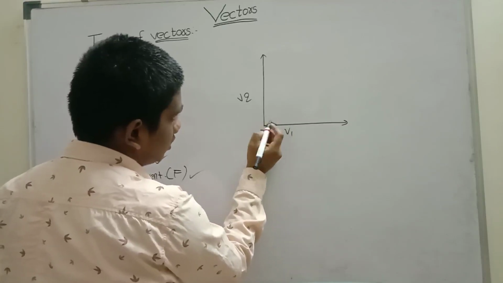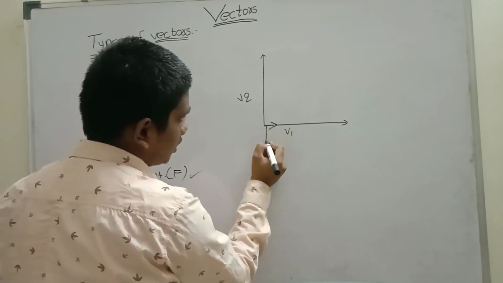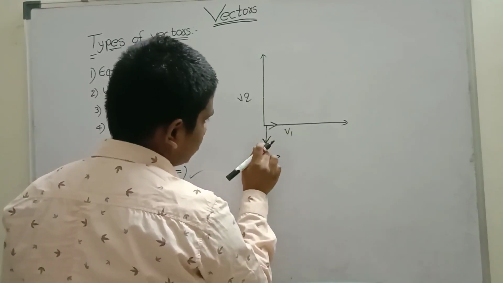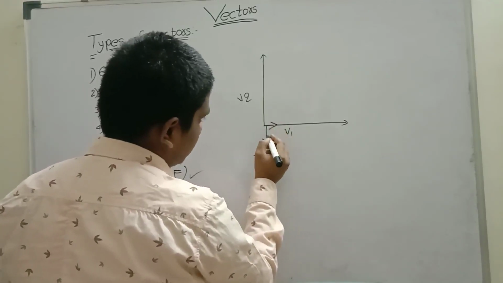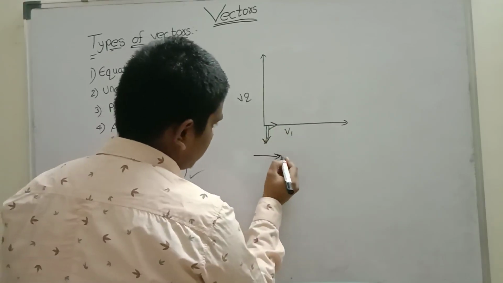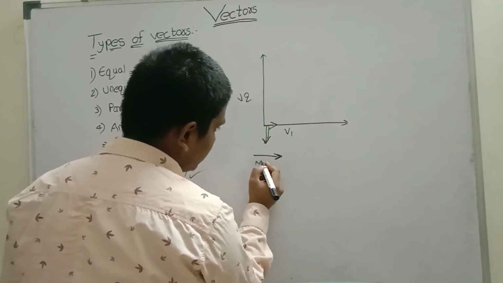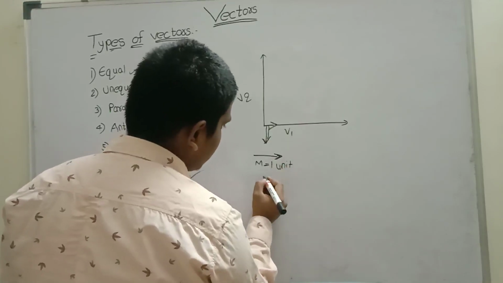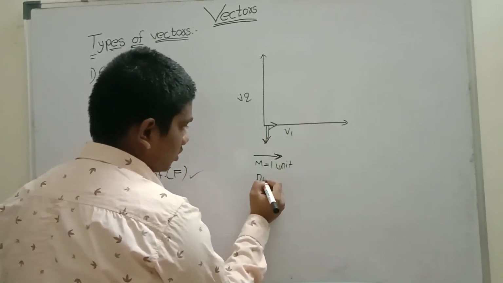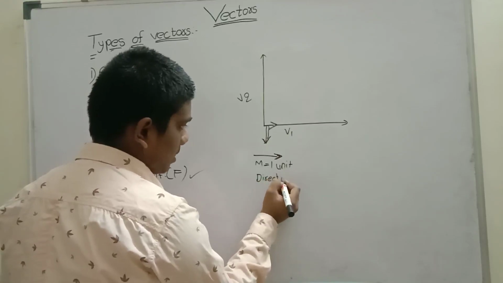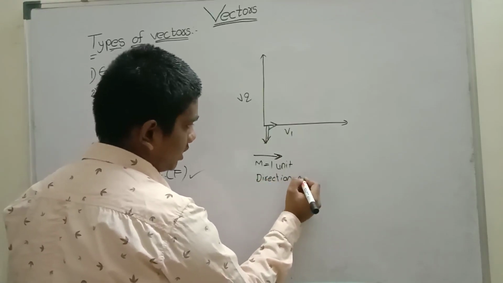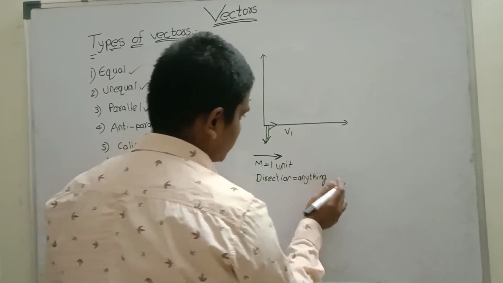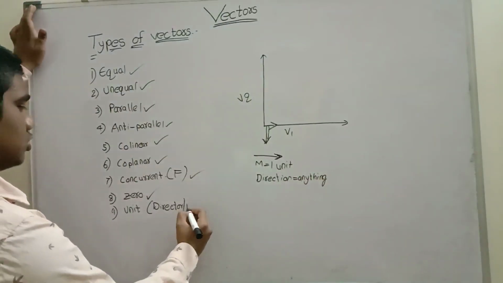This part is called the unit vector. After zooming in, this is not a vector. After this we can write that its magnitude is 1 unit. Direction may be anything. Once again, this is called a unit vector.